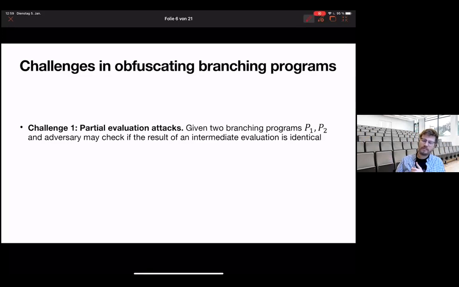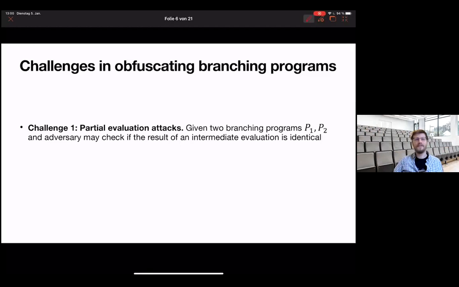So if you give me two branching programs, P1 and P2, an adversary may actually look into the result of an intermediate evaluation. So it might just take this branching program and evaluate it up to some point. Let's say we know that these branching programs come out of Barrington's theorem, so we know what structure they have, and now we just evaluate them up to some specific point.